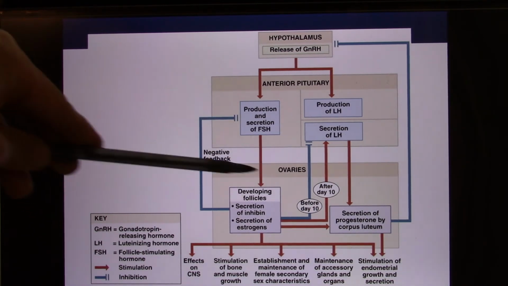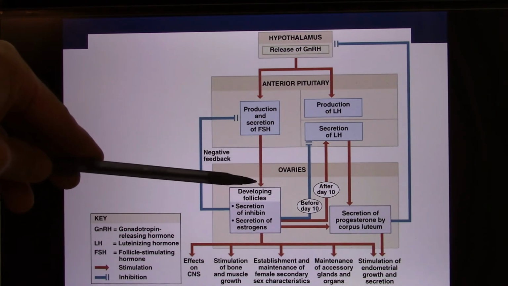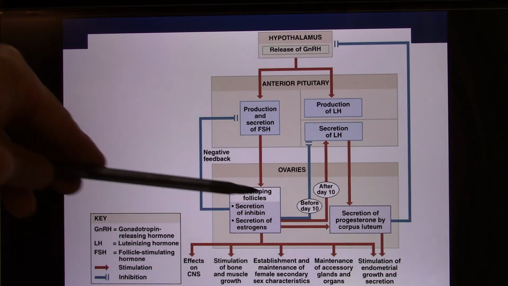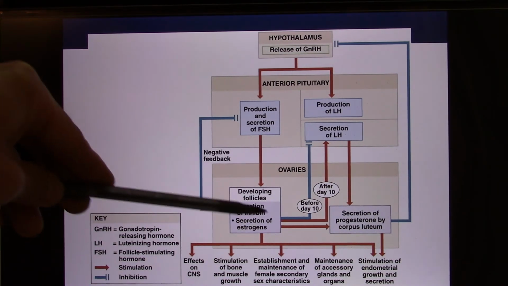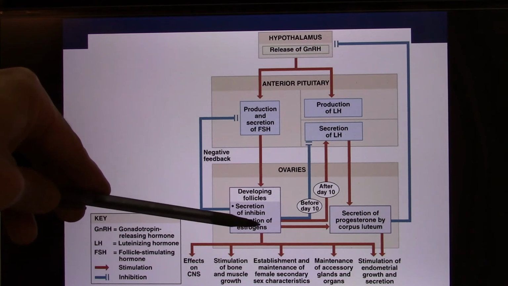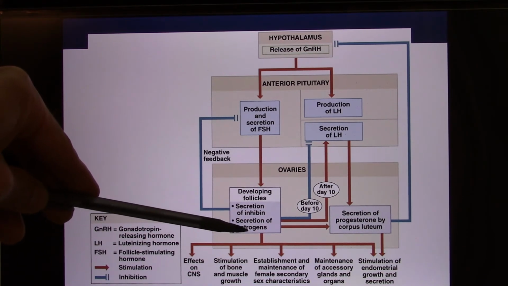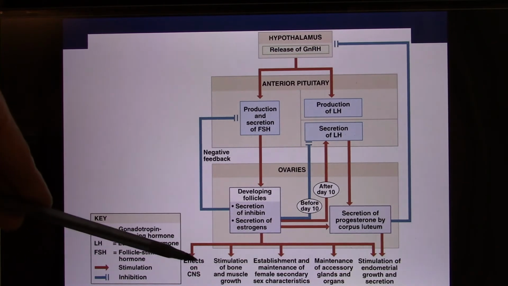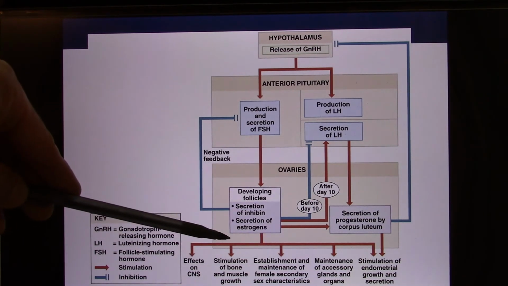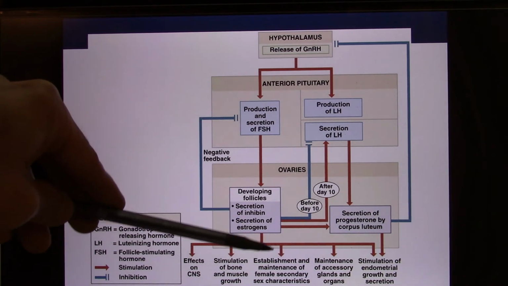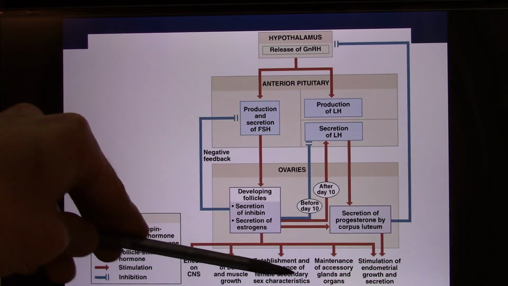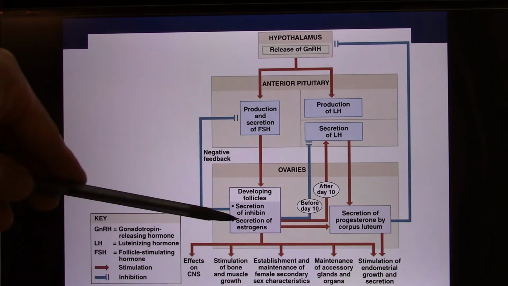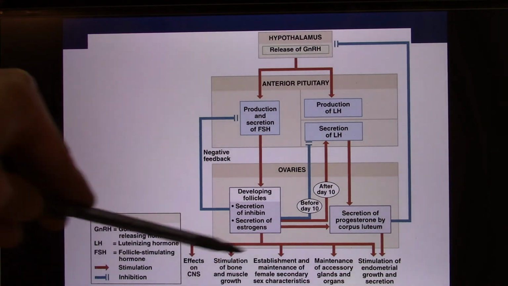So it will ask the follicle for development. It also secretes estrogen. Estrogen is the main female sex hormone. In short, this hormone's function is to make the female look like a female. Looking at its function, you have the bone and muscle growing, and the secondary sexual characteristics. Basically, it makes the female look like a female.